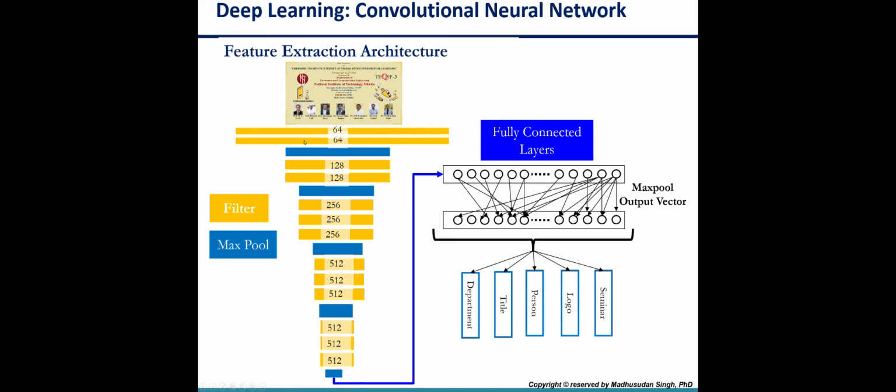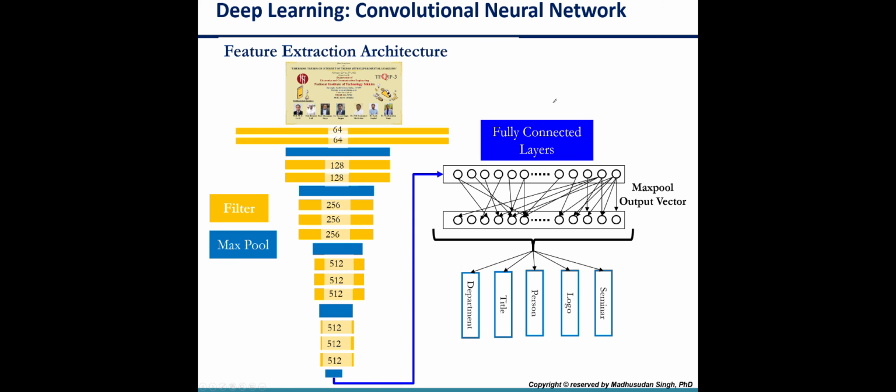Max pooling means, like, they divide the input into small sections and collect the highest value from each. For example, this one has 4, 5, 6, 7, and this one has 3, 2, 1, 4.